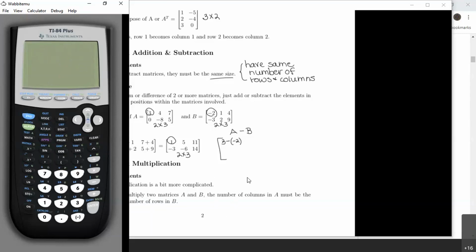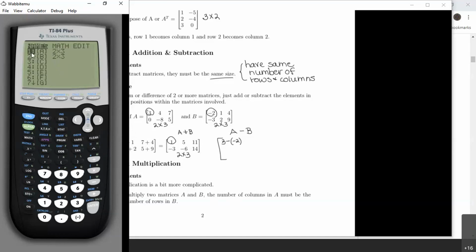All right, so now what I wanted to do here is to first figure out the sum. Remember, here's the sum, A plus B. And the TI-84 is smart enough to know, even if I put matrices in an operation and I'm using the regular plus sign, it knows it has matrices and it knows how to do matrix addition. So here's how I add. I'm going to go back into matrix.